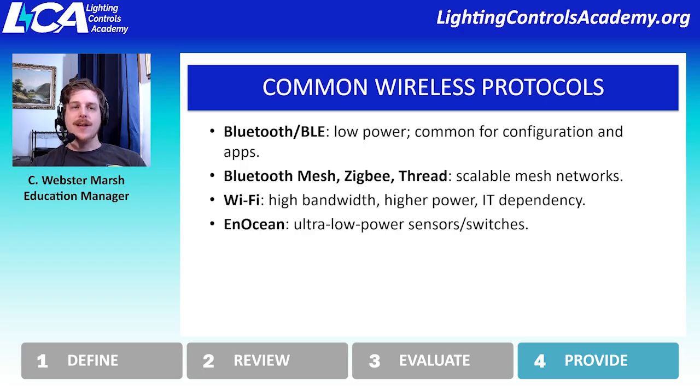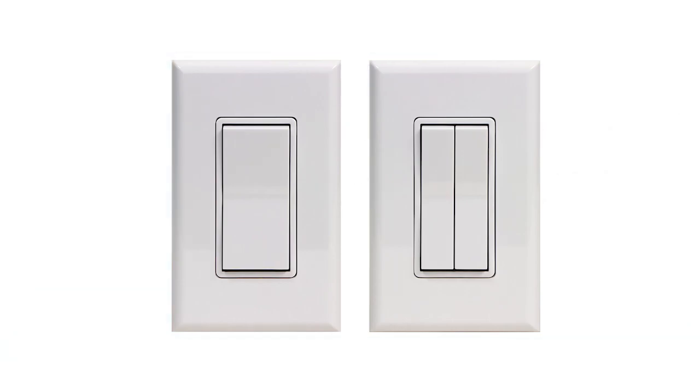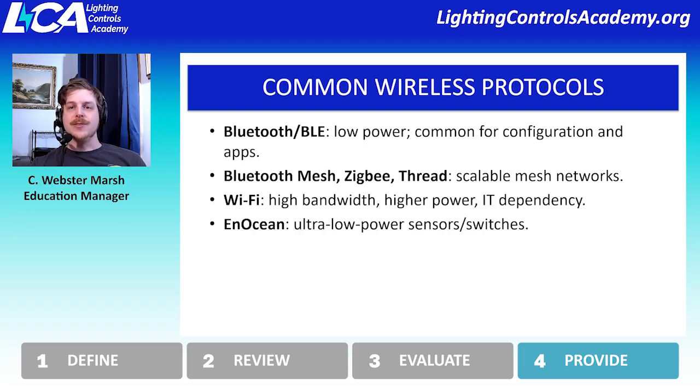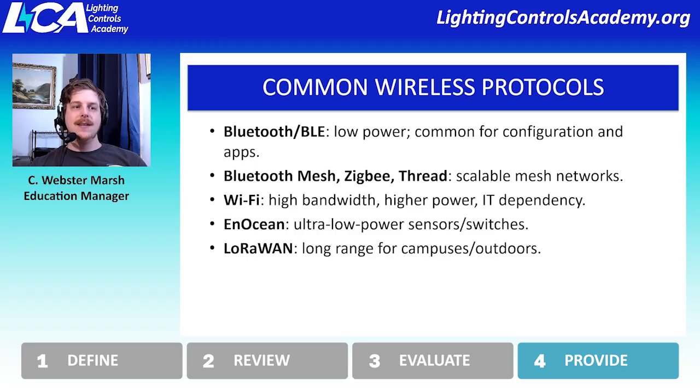EnOcean is another example of a very low power solution. It's actually less power consuming than Bluetooth Low Energy, but it is also a very simplistic communication protocol. You'll oftentimes see that EnOcean devices are the ones that use energy harvesting capabilities because of how low power it is, but because of that, it's a very limited communication capability, and oftentimes you'll see EnOcean used in either point-to-point or very limited repeating communication packets.